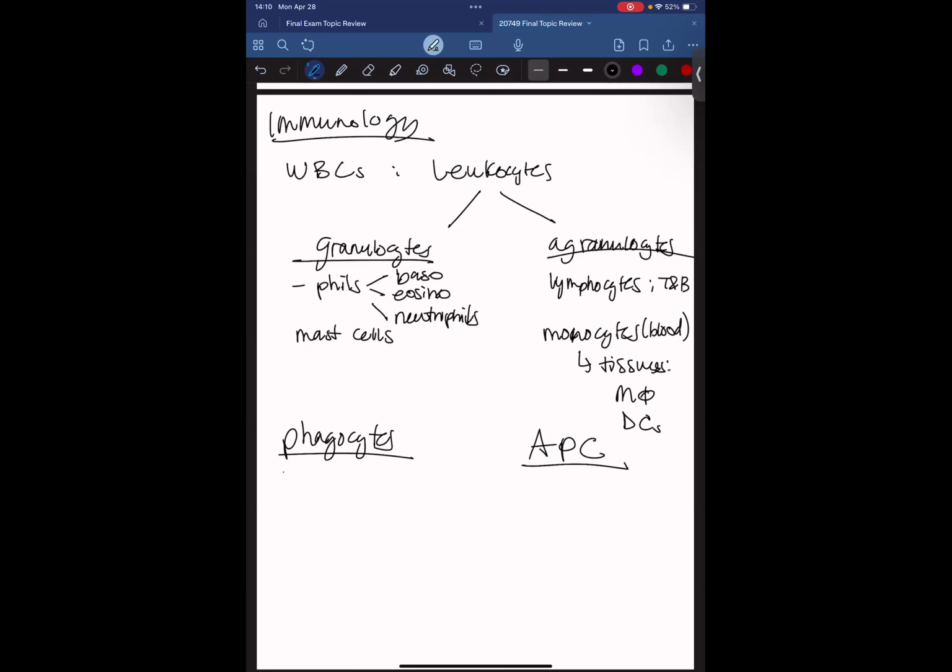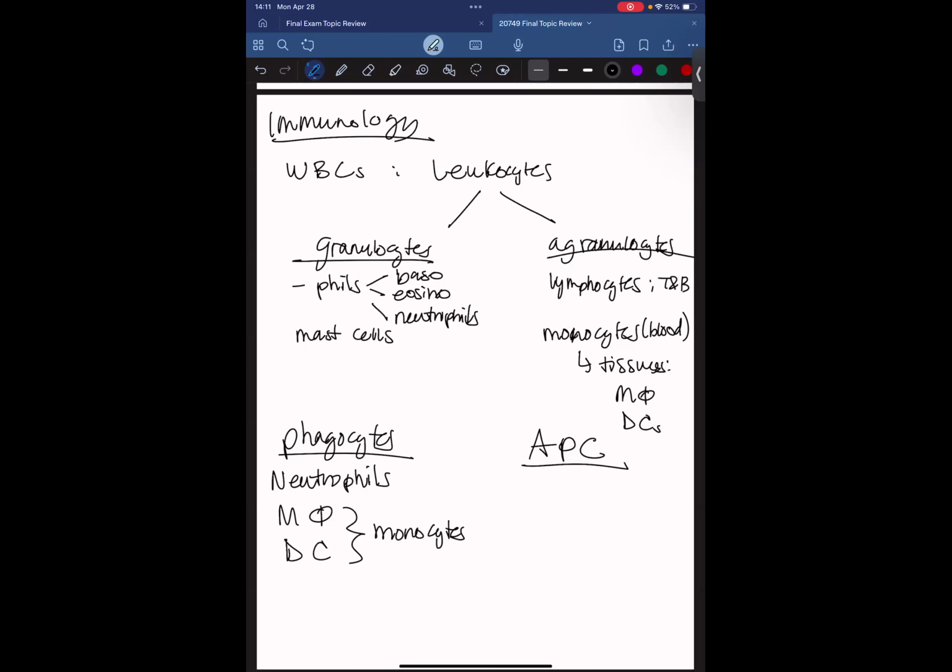So our phagocytes, we have neutrophils, macrophages, dendritic cells, and also monocytes, because these guys are monocyte derivatives. The monocytes are in the blood. Once they move into the tissue, they become macrophages or dendritic cells. So they're all the same thing.